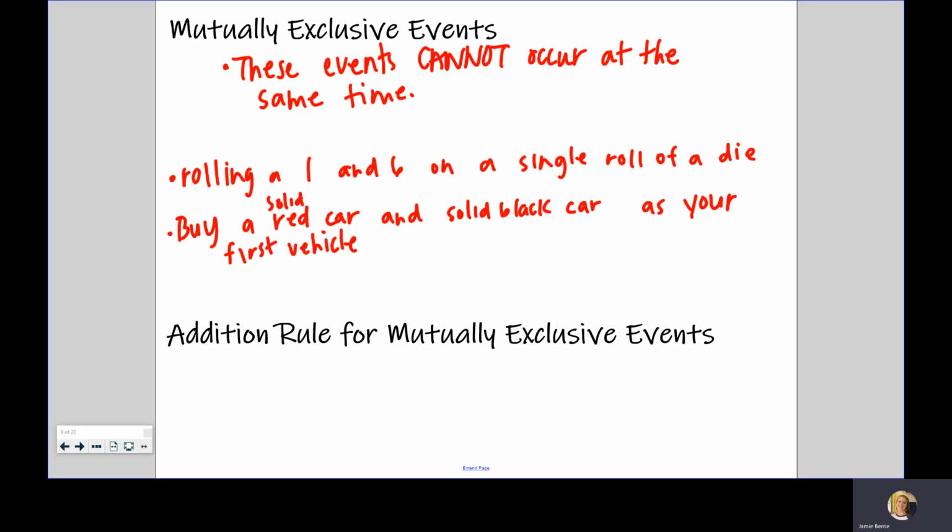If you bought them both at the same time, one of them would not be your first vehicle. You would, at that point, have two vehicles. Okay, so just things that could not occur at the same time.